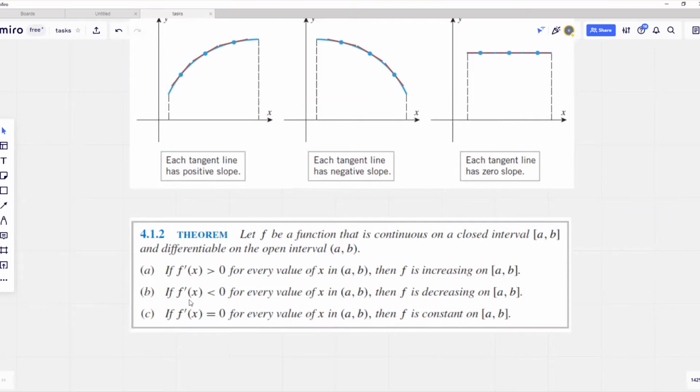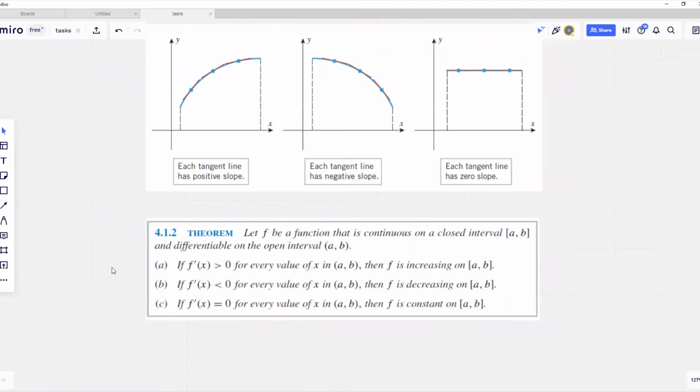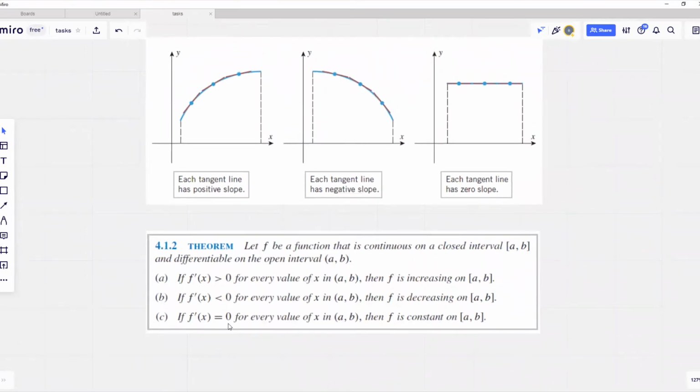If the first derivative is negative for every value of x in that open interval, then function f is decreasing on that closed interval from a to b. And finally, if the first derivative is equal to 0 for every value of x in that open interval, then f is constant on that closed interval.